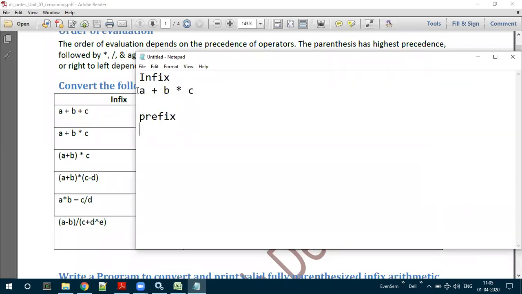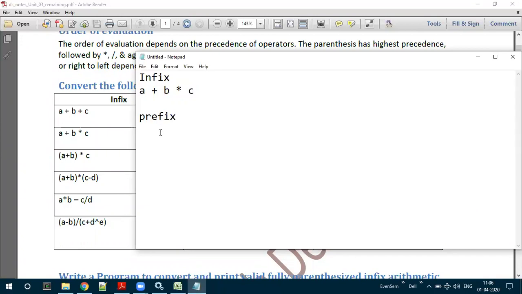Which particular operator has got the highest precedence? We have two operations here. One is plus and the second one is multiplication. Among these two, multiplication has got the highest precedence. So we have to first solve B into C, and convert it into prefix form.